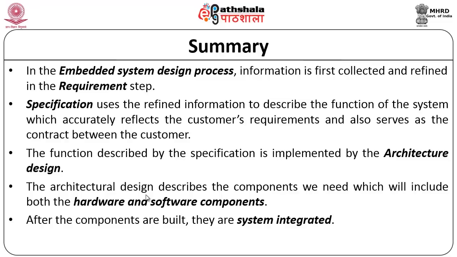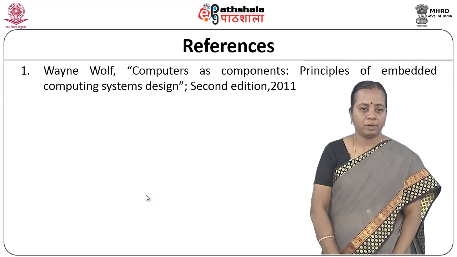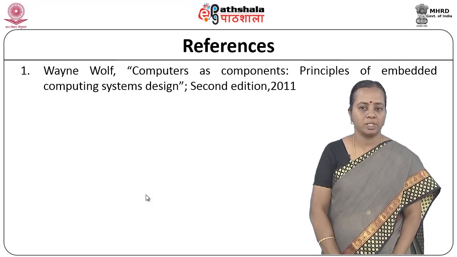Then how the hardware and software components are handled while making a system design, and how after making them they get integrated, we also discussed. What problems we will face and how to solve them, we have covered in this module. The reference is taken from Wolf, Computers as Components, Principles of Embedded Computing System Design.